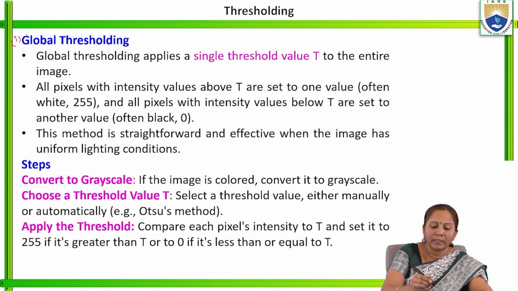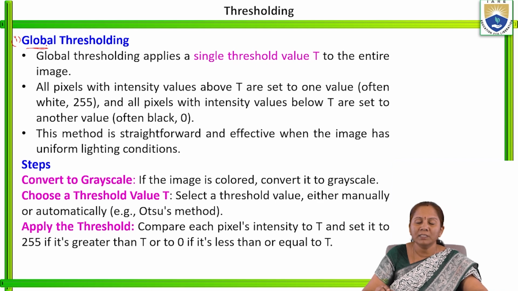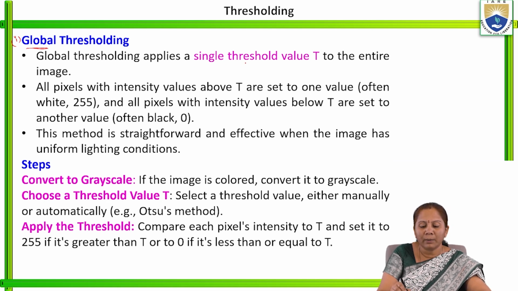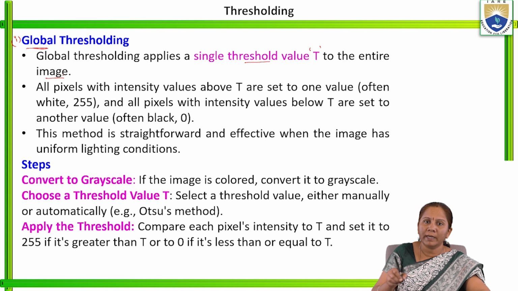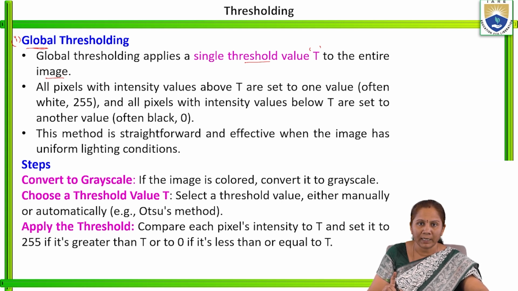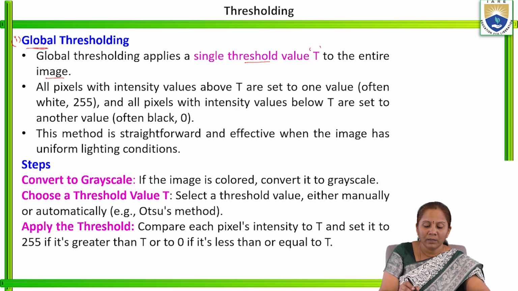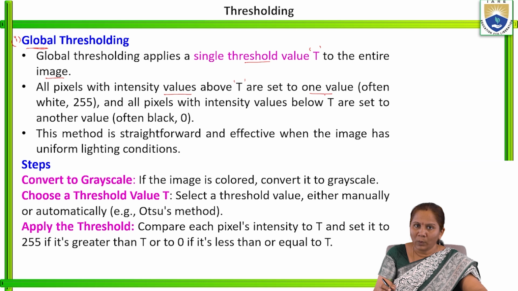The first thresholding technique is global thresholding. So the name itself says global, meaning only one threshold value will be selected for the entire image. So global thresholding applies a single threshold value, indicated as T here, to the entire image. Based on the threshold value T, all the pixels with intensity value above T will be set to one value.